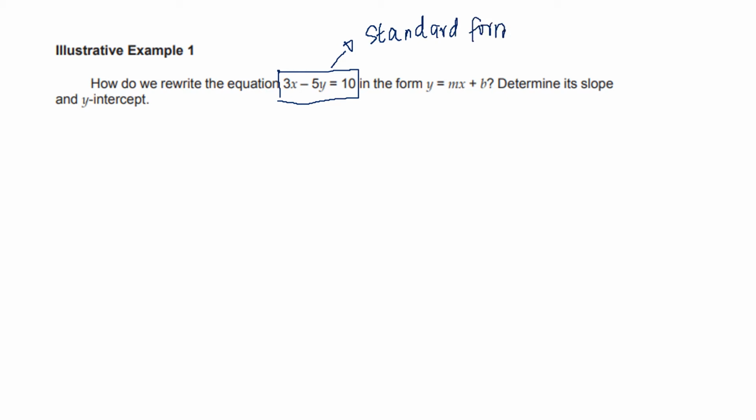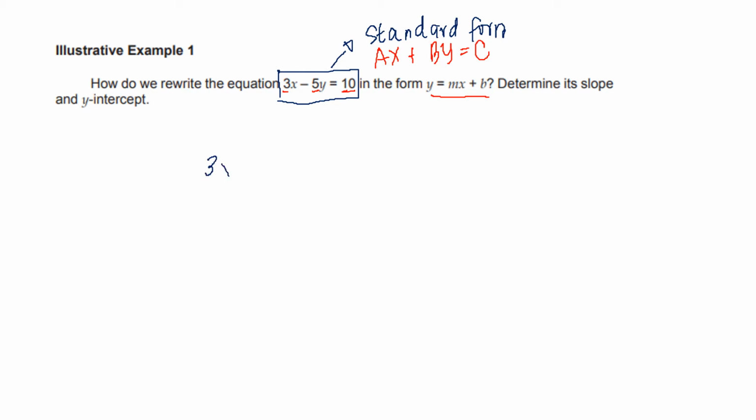We have here the constant and we have here the coefficients of x and y, which are 3 and 5. So this is actually in the form ax plus by equals c. And we want to make it in the slope-intercept form. So how do we do that? What are the steps that we need to do in order to express standard form to slope-intercept form?